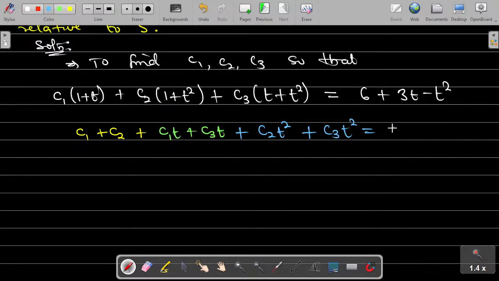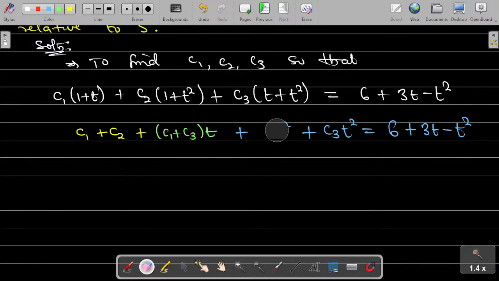Everything is equal to 6 plus 3t minus t squared. Now we compare coefficients. Here you can factorize t, giving c1 plus c3, all in bracket, times t. We do the same thing and bring out t squared, so you have c2 plus c3.